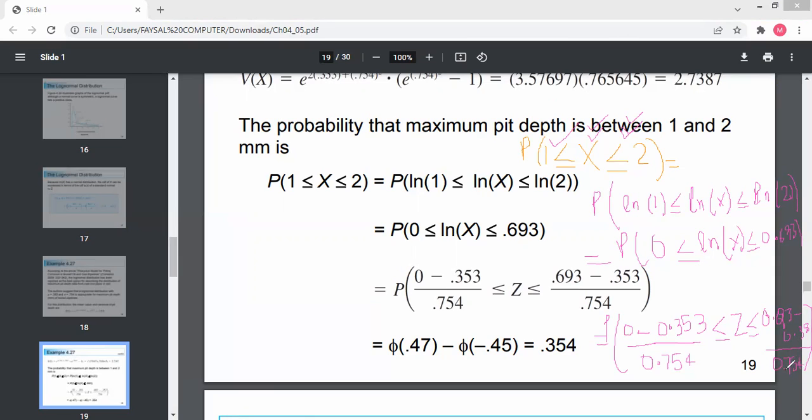Okay, so for this the value will be 0.354. The other method is to find it from the table, but this method is easy, so you find the value 0.354 respectively.